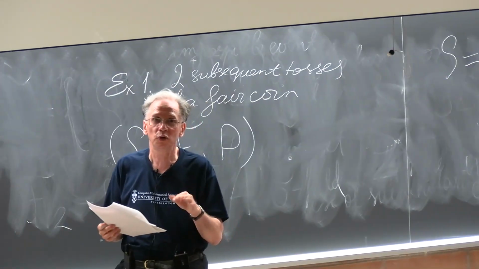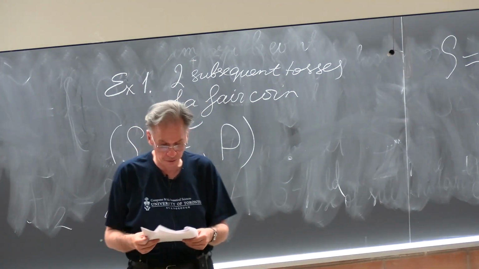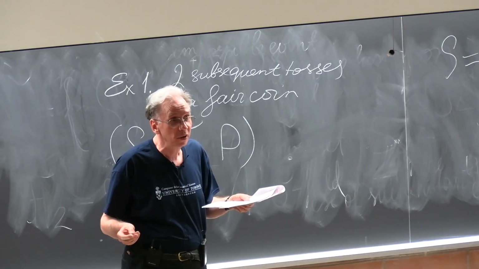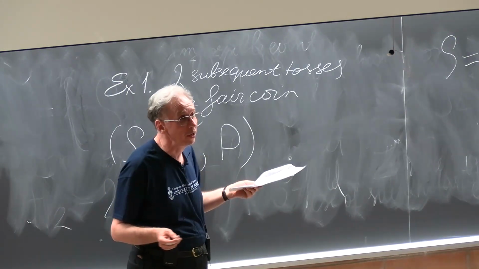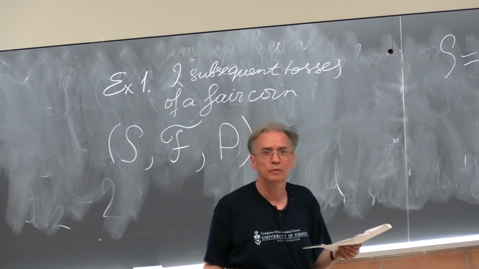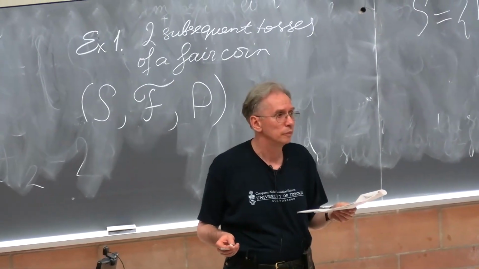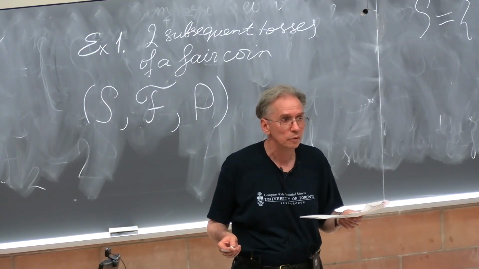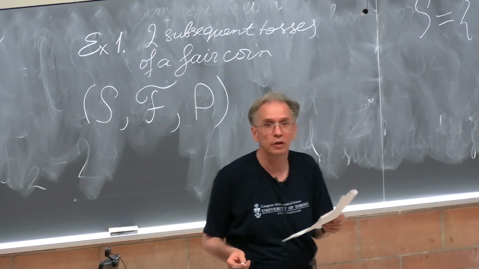So HT is not the same as TH. So our sigma field is to be comprised of how many outcomes? 16. Yeah, he's right, 16.